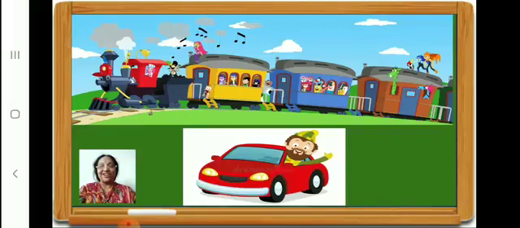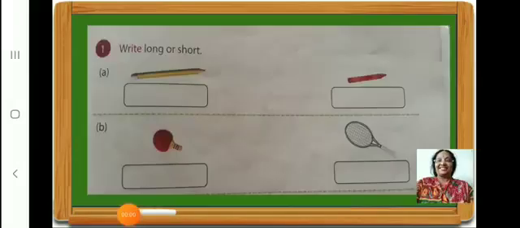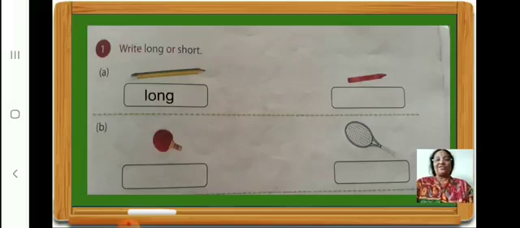Car is short. Children, now let us write long or short. We have a pencil on the left hand side and a pencil on the right hand side. The pencil on the left hand side is long and the pencil on the right hand side is short.